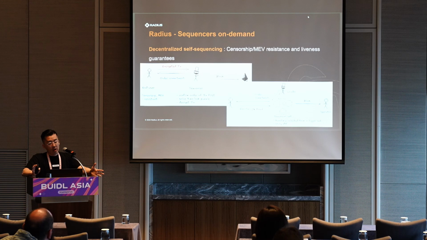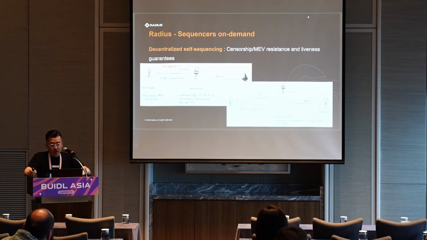How do we do that? We implemented our encrypted mempool, which means that when users create transactions, they need to encrypt them. So when a sequencer builds a block, it cannot see the contents of the transactions, which means it cannot censor them or extract bad MEV from them, because it cannot see the contents. That's how we prevent censorship and MEV on the sequencing side.